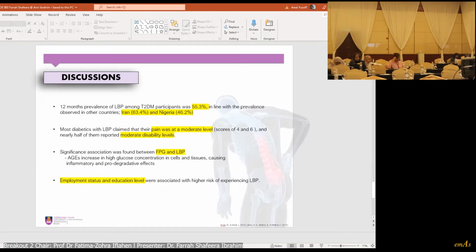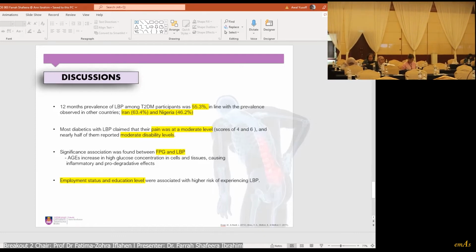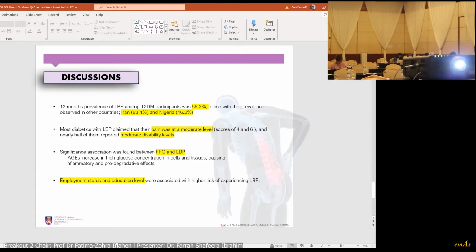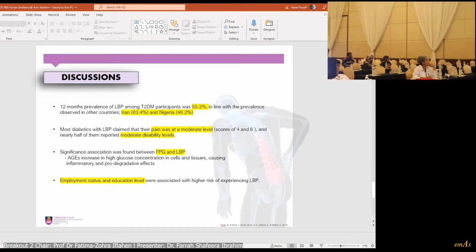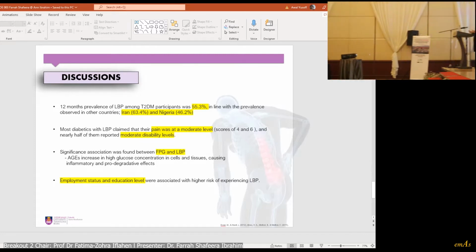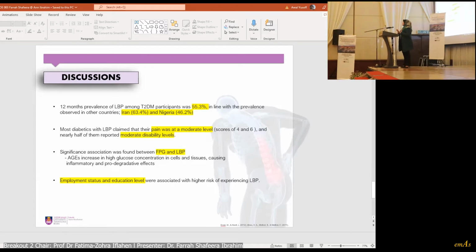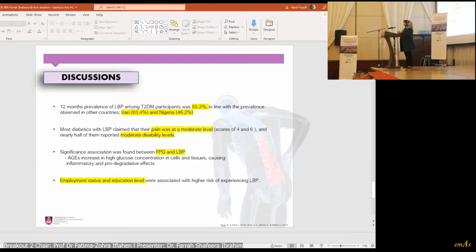We also found a significant association between fasting blood glucose levels and low back pain. This supports the theoretical mechanism that when glucose levels are at high concentration, oxidative stress and inflammation happen, and this has a pro-degradative effect on the individuals.